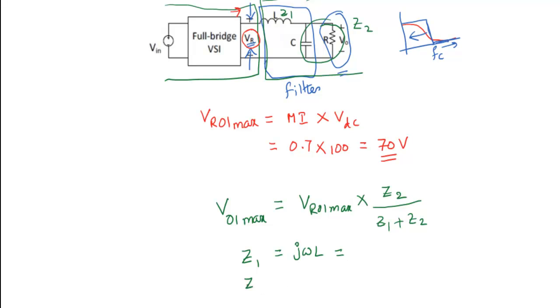And Z2 is a parallel combination of resistance and capacitance. That is R into 1 by J omega C divided by R plus 1 by J omega C. We need to calculate those things.